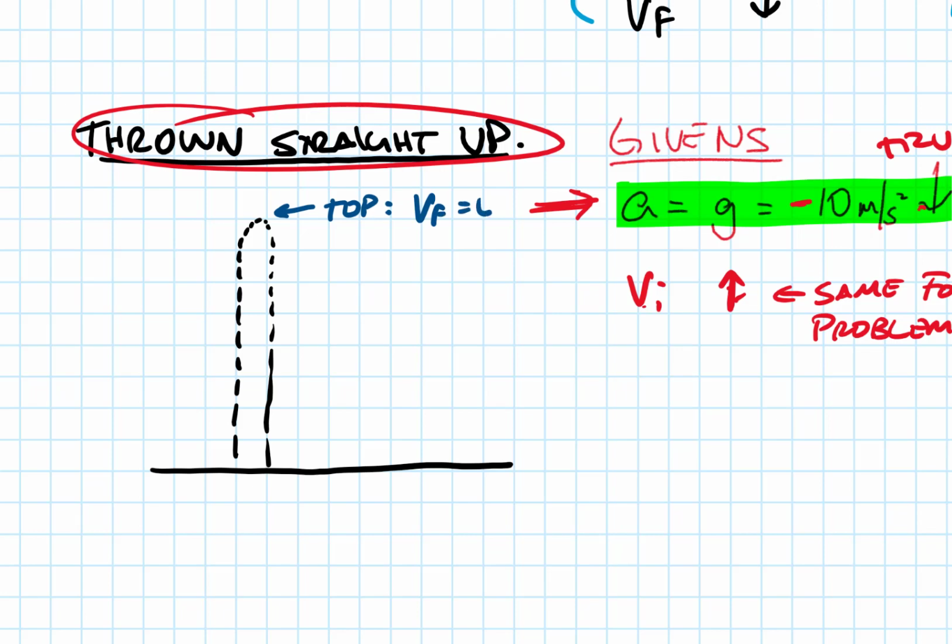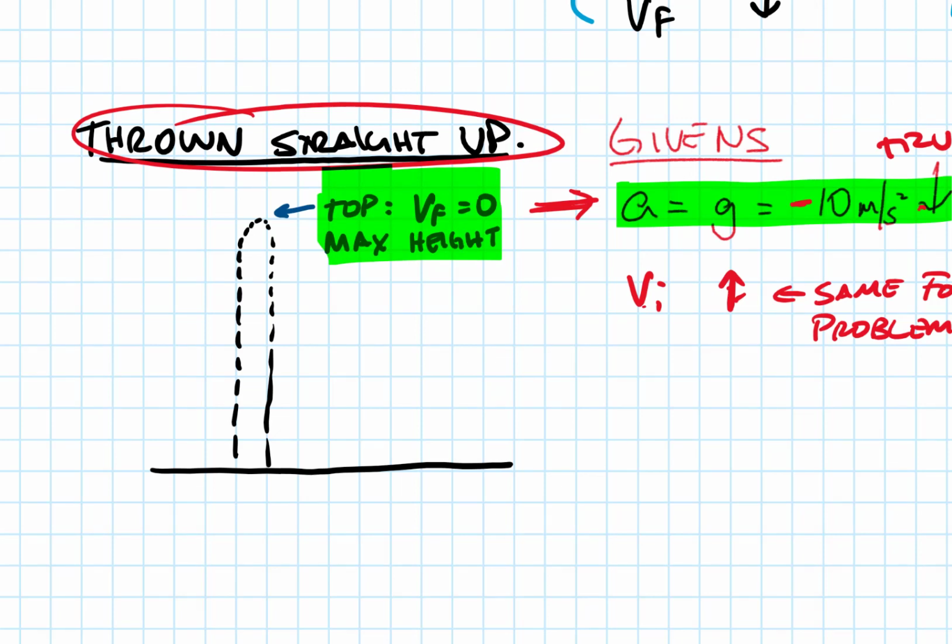The final velocity at the top is 0. This is also known as the maximum height. So if we ask about the object at the top of its trajectory, or if we ask about the maximum height of an object, the final velocity at the top is 0, and that's where the maximum height can be found.